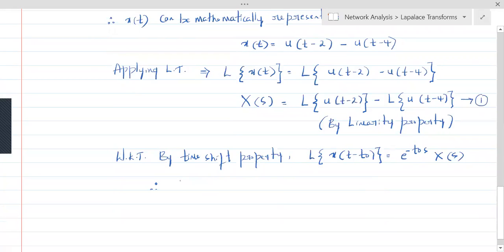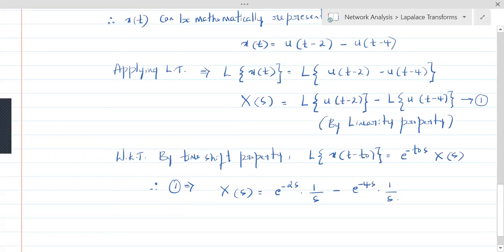Therefore, equation number 1 implies x of s is equal to e power minus 2s into 1 by s, minus, now the shift is minus 4, so it is e power minus 4s into 1 by s.